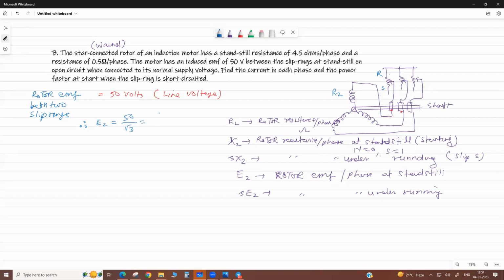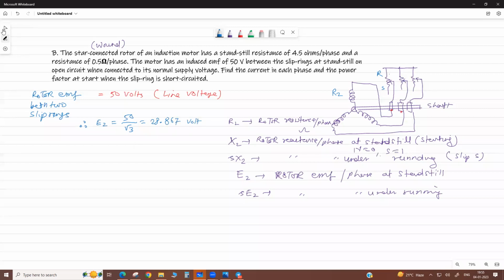What is the value, please? 28.87. See, 50 divided by root 3, 28.87. Very good. 28.867 volt.